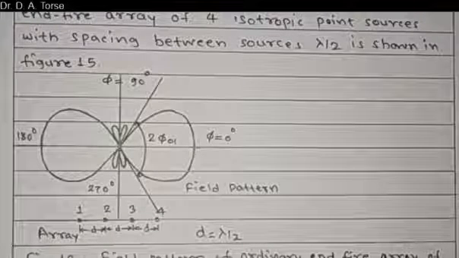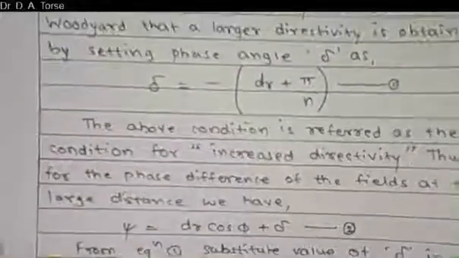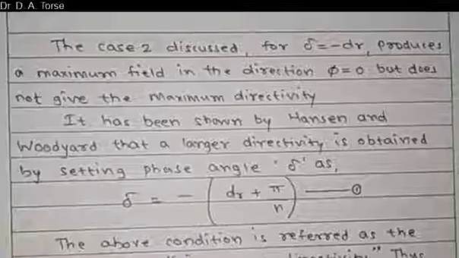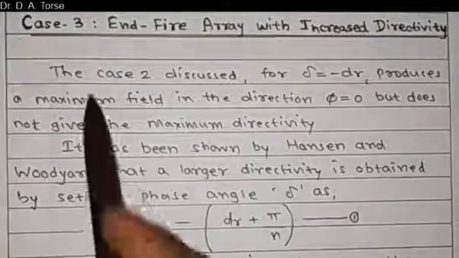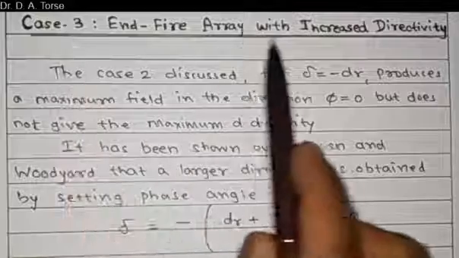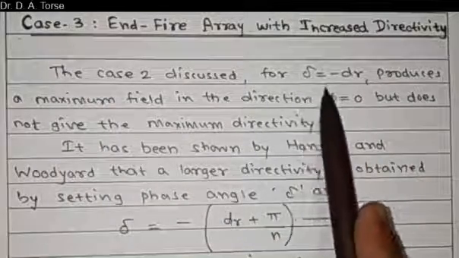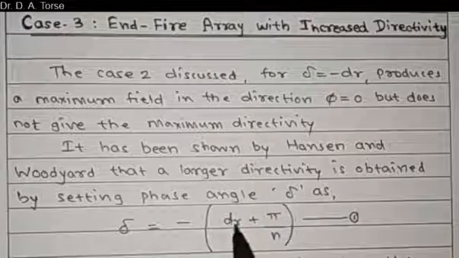Now the ordinary end-fire array produces low directivity, so a modification was made by researchers in order to get increased directivity, and that is our case number 3, end-fire array with increased directivity. The modification is in the term delta, by adding a term pi by n.